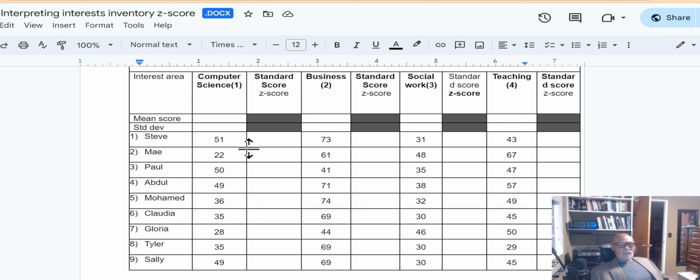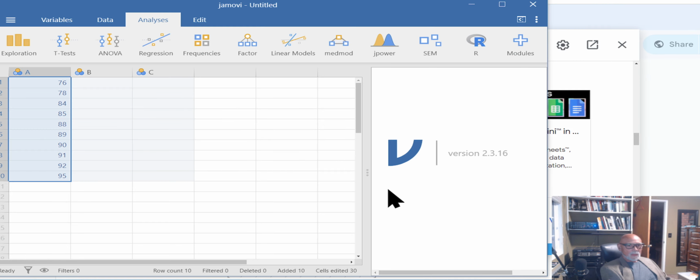And the question is, how do those scores match up as we compare them to the overall mean? Raw scores don't tell you very much here, but when we standardize these, we will get a score that does give us some more to work with.